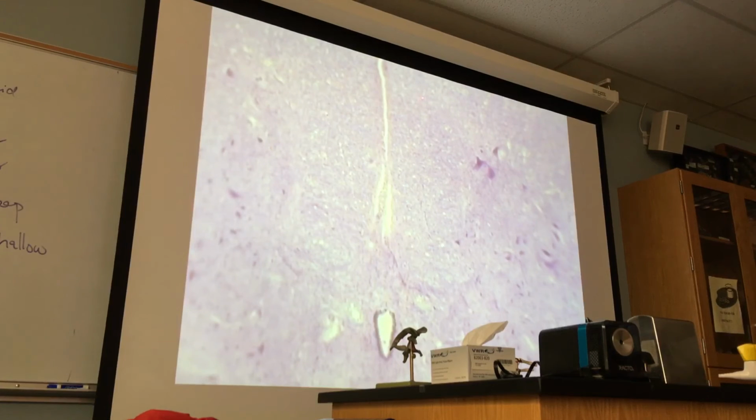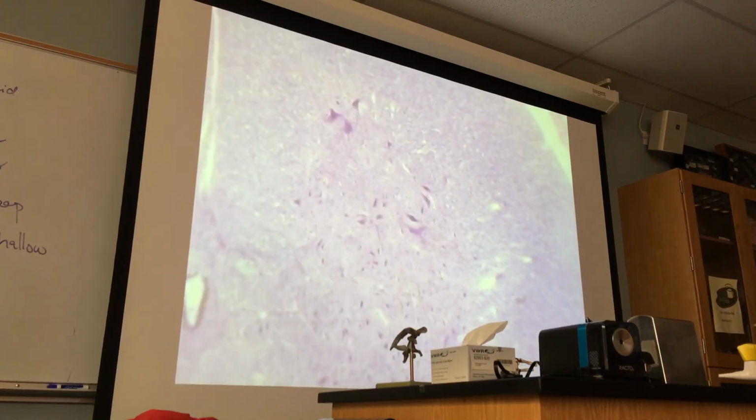So this is the anterior column of white matter. This is also anterior column of white matter. Okay? This is the anterior median fissure. This is the central canal.